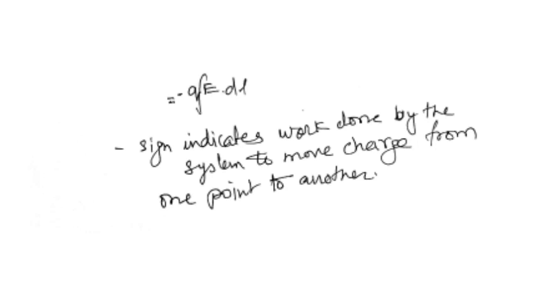So this is the integral of QE dot dl. Here we have used a minus sign. The minus sign indicates that the work is done by the system to move the charge from one point to another. If work is done by the system, that is minus. If work is done on the system, it is plus. So it is just to see that you are forcing your particle to move in the opposite direction.